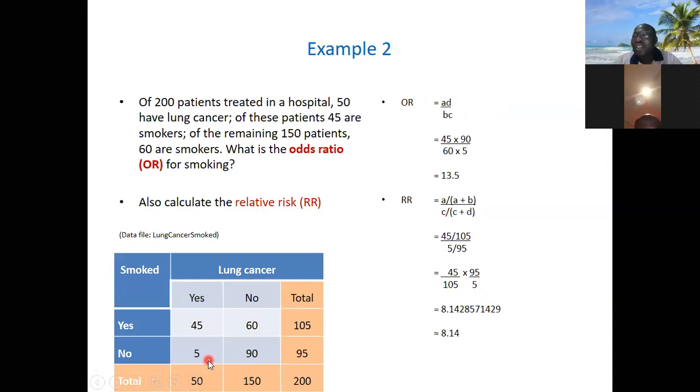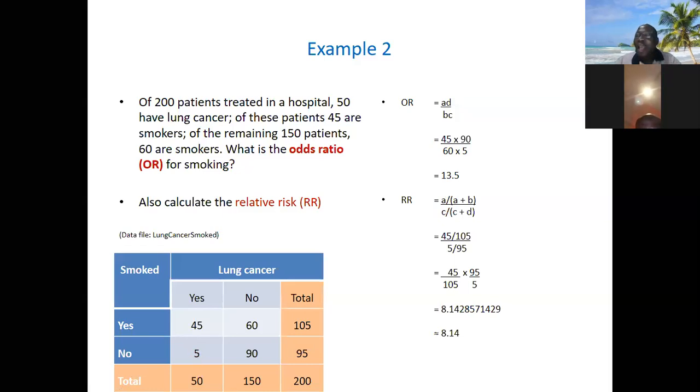what we want to look at is the odds among these people that develop lung cancer. What is the odds of smoking? The odds is risk over 1 minus risk. So it's very simple. The risk of smoking will be 45 over 50. The risk of not smoking will be 5 over 50.